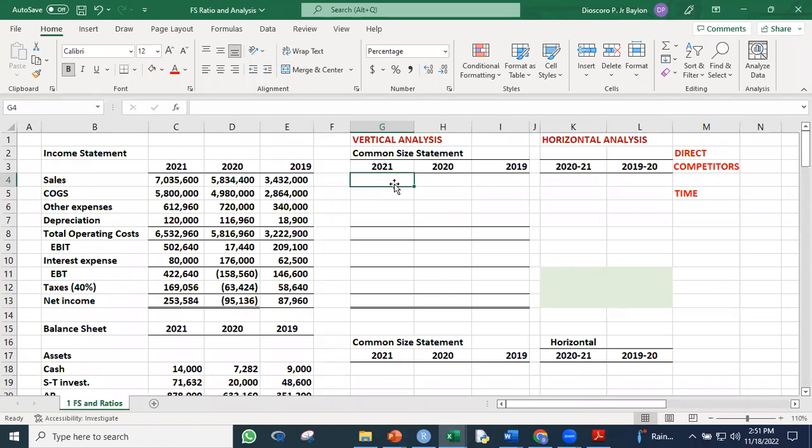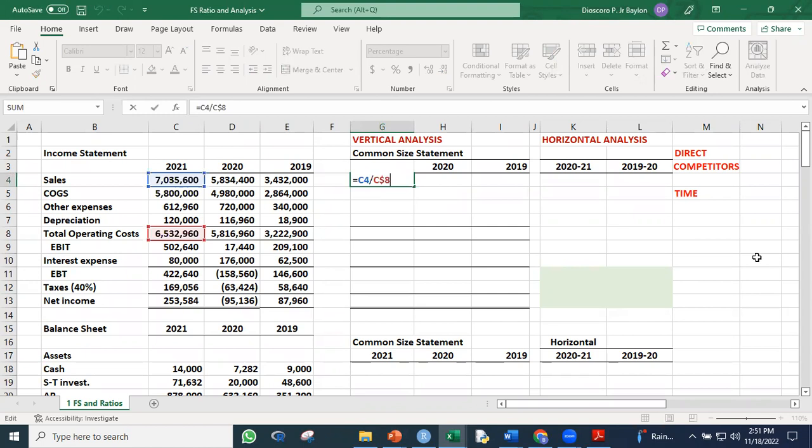So C4 divided by C8. Okay. $8, because we want to keep total operating costs constant so that if we drag it down, it could be used as well for others.